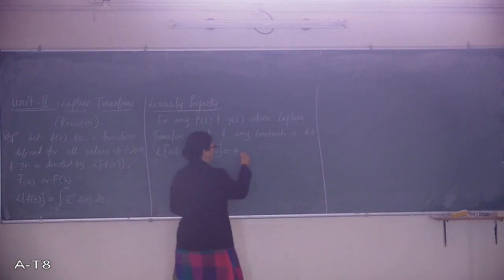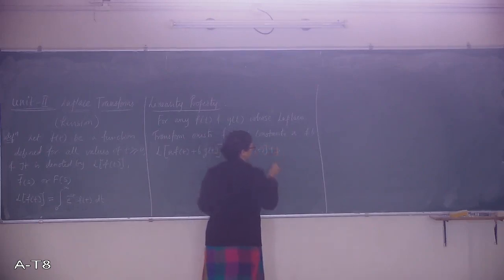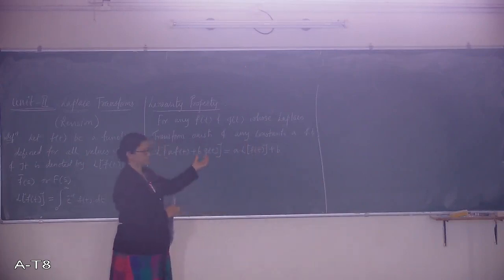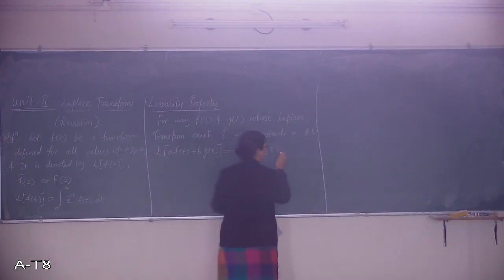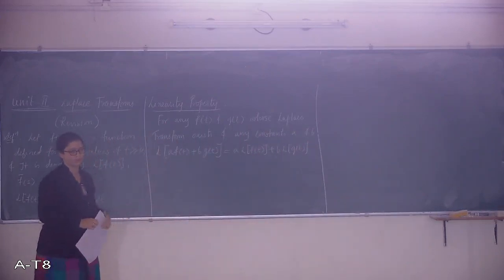So it is a into L of f of t plus b into L of g of t. This is the linearity property which we are going to use while solving the problems.